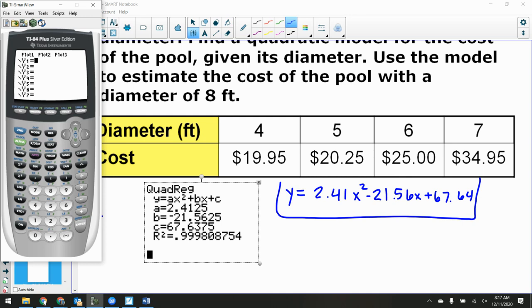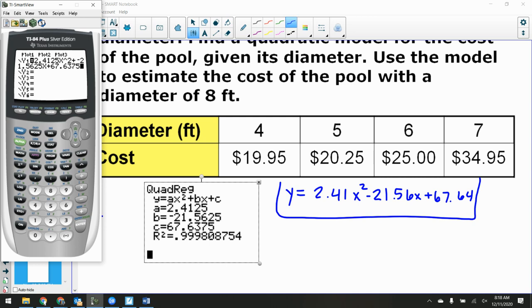Here's how we do that. Remember, vars is the button to hit here. Vars stands for variable statistics. Vars, scroll down to statistics. Hit enter on that.